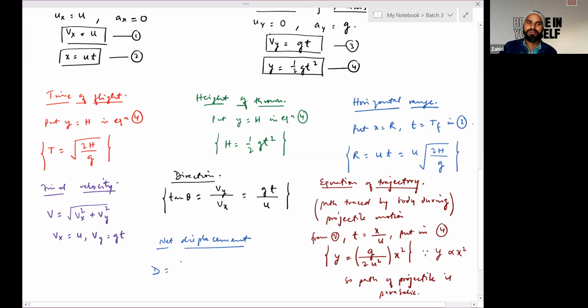It will be root of x squared plus y squared, as x on hitting will become range and y will become height. So the net displacement of the particle from the point of projection to hitting the ground will be this term. So in this horizontal projectile, we may have to find these 7 different terms.